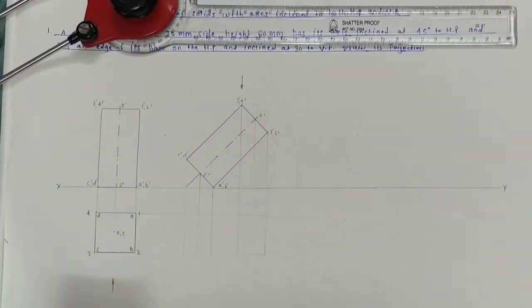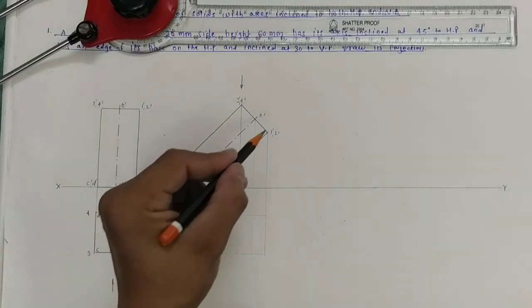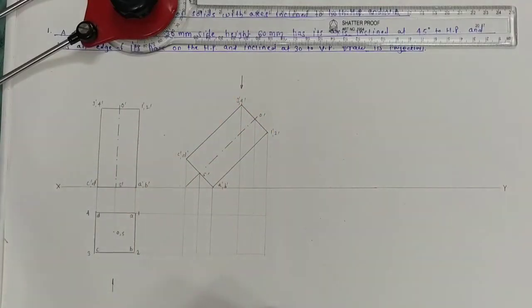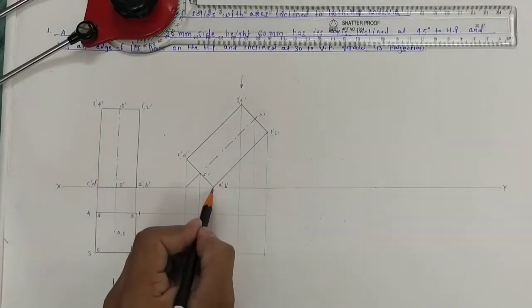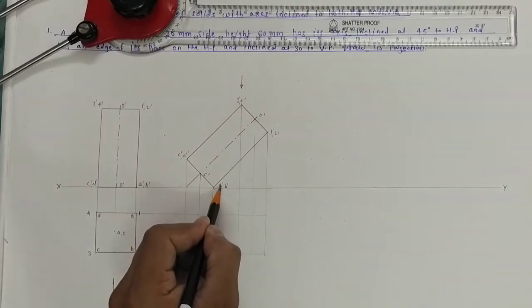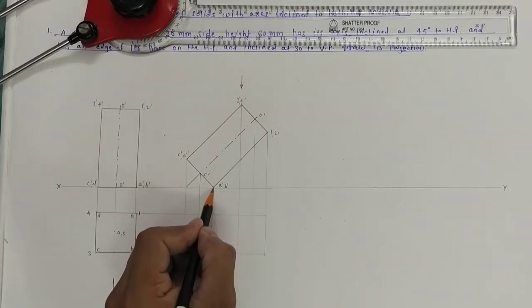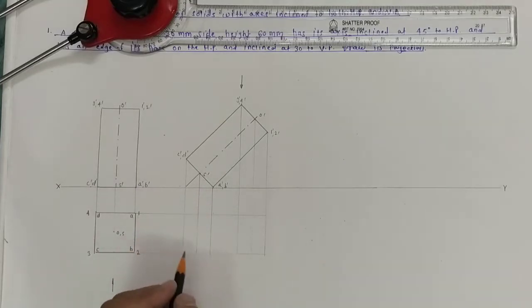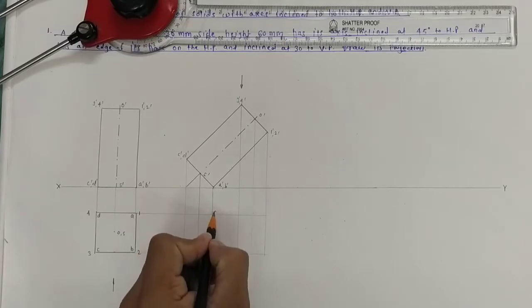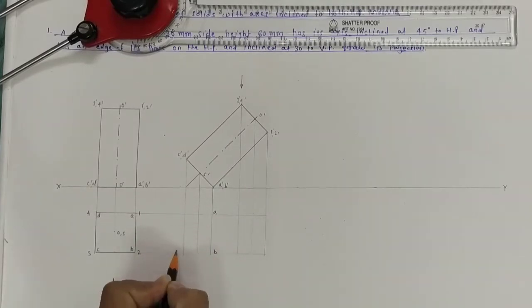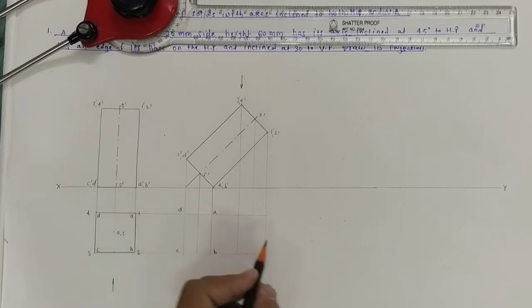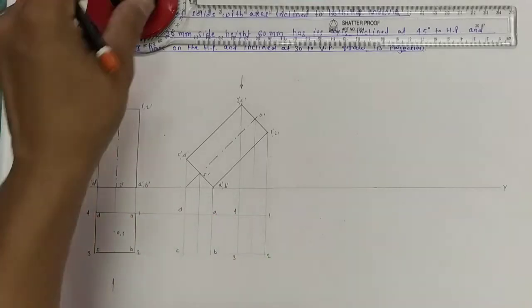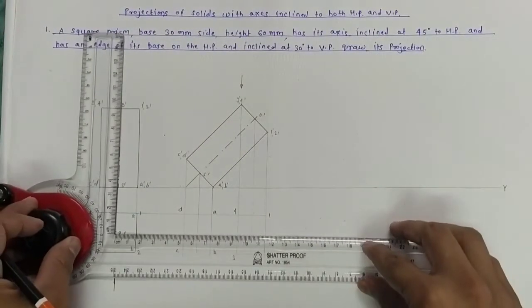Now the case of visibility. When you are looking from top, this surface is dark, and the point that intersects at XY, that is a dash b dash, is itself dotted lines. So first of all, locate the points. Here the base is ABCD and the top is 1, 2, 3, 4, and show the axis.